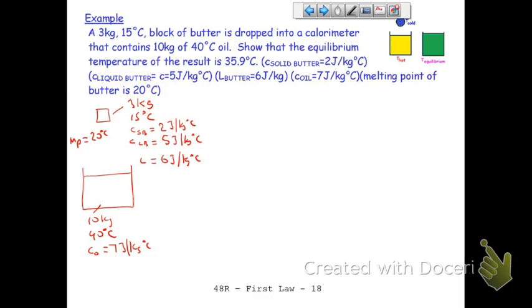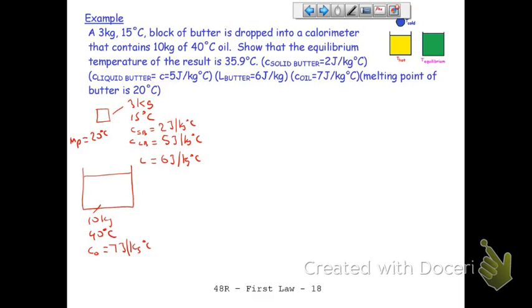What steps am I taking with the butter? I'm taking this butter and putting it into hot oil.